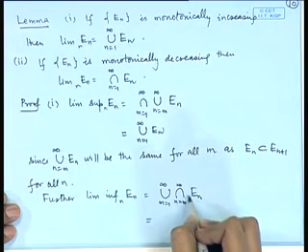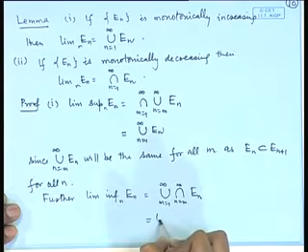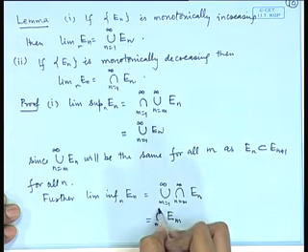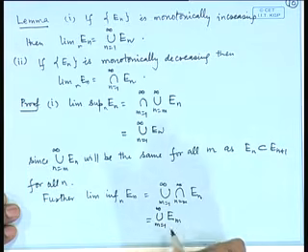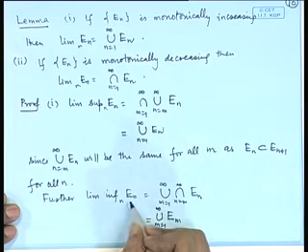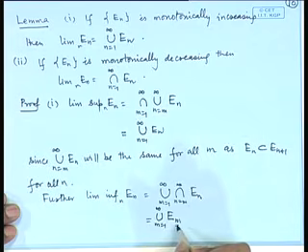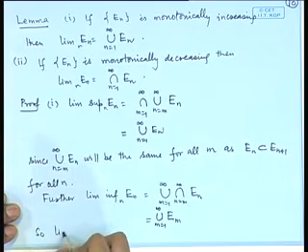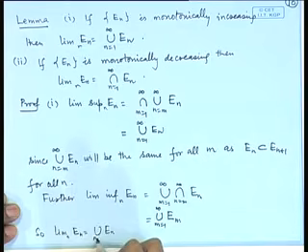Therefore, the intersection will be equal to the first set itself, E m. That means we are getting the limit inferior also as the union of E m's. If we combine these two results, the limit exists and it is equal to the union of the sets.